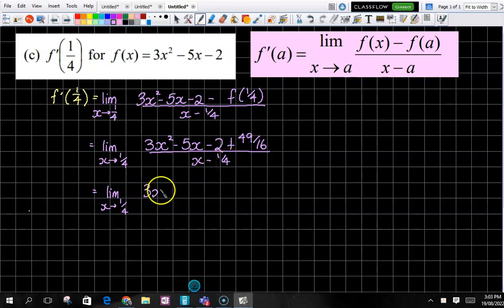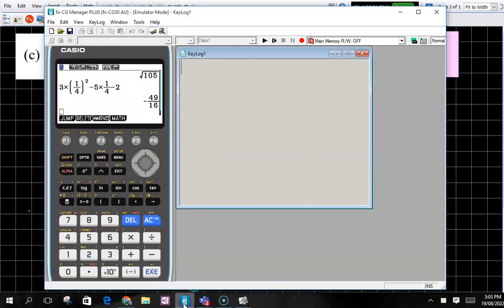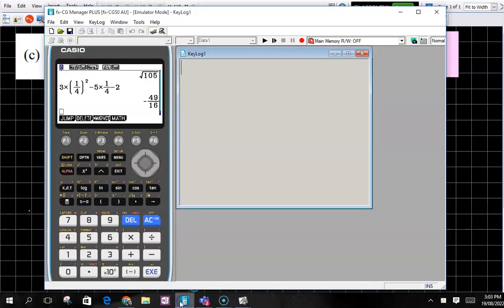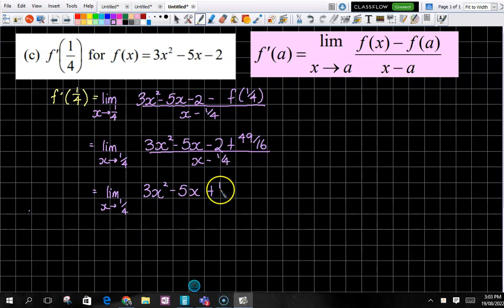Okay, so we've got 3x squared, take 5x, and over here, what was it again? Minus 2 plus 49 over 16. So minus 2 plus 49 over 16, 17 over 16.